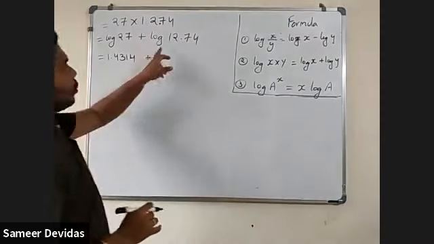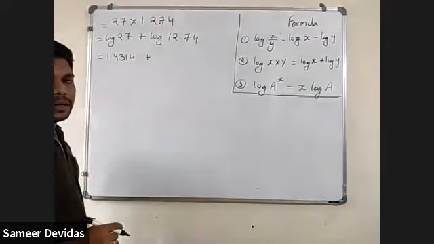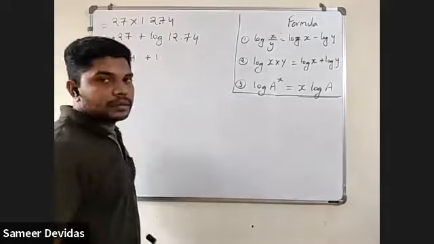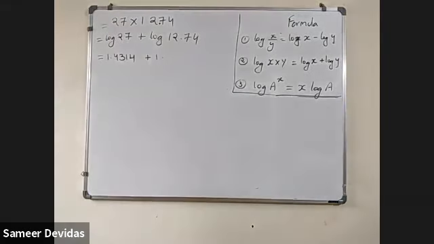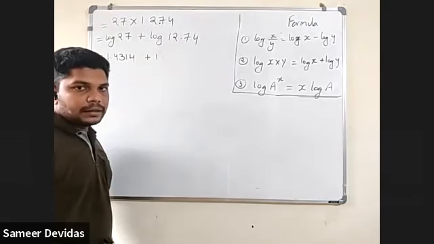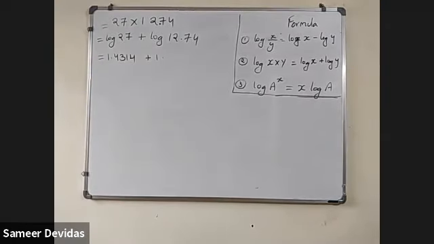Plus we need to find out log 12.74. What is the characteristic? 1. Then in row 12 under column 7, then whatever comes under column 4, you have to add. Tell me the final answer. 1052.